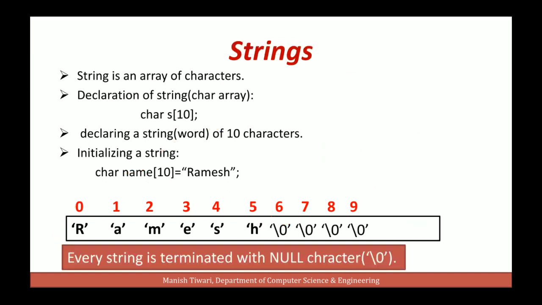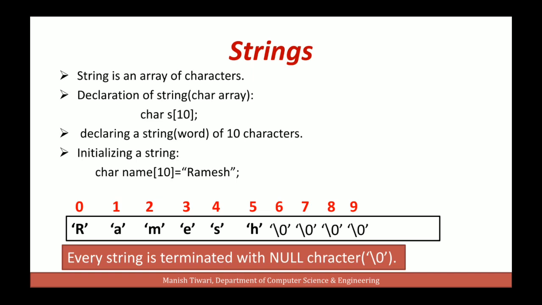So every string is terminated with a null character. Though the size of the string here is 10, we are using only 6 meaningful characters. The real value of this string will be up to these 6 characters only, and the rest of the characters are meaningless.